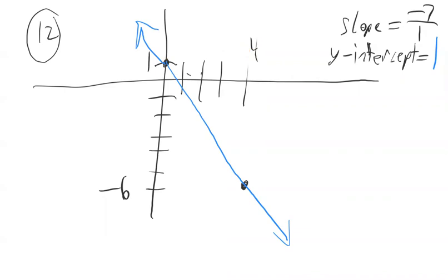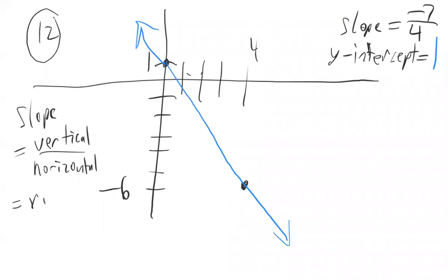Slope represents vertical change over horizontal change, which some people say is rise over run. This one goes downwards, which is a negative rise, and it goes forwards, which is a positive run. So the slope is -7 over 4. Once you know the slope and the y-intercept, it's easy to find the equation.